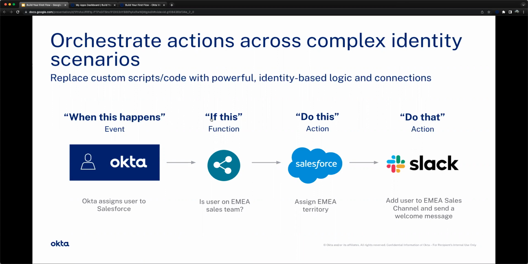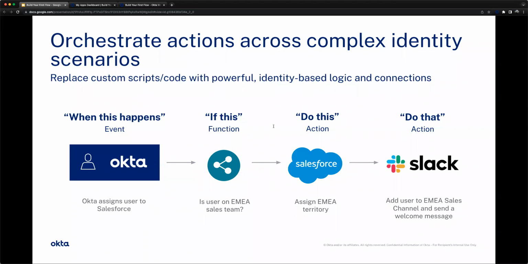Next, you can run logic like an if, else, then function. In this example, we're granting user access to Salesforce, evaluating their user group. Are they on the immediate sales team? Then I'd like to perform a deeper integration, so I'm assigning a territory in Salesforce within their role, and we're going to do that automatically.